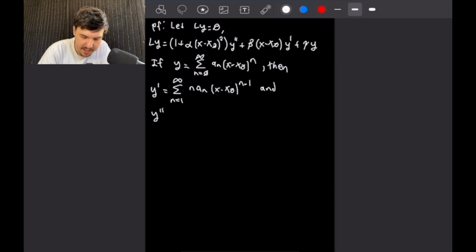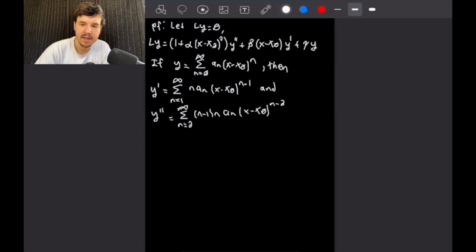We'll have y double prime is equal to the sum as n goes from 2 to infinity of (n minus 1) times n times a sub n times (x minus x naught) to the n minus second power. Great. So now we can use these series representations in our original differential equation, and we will get the following.